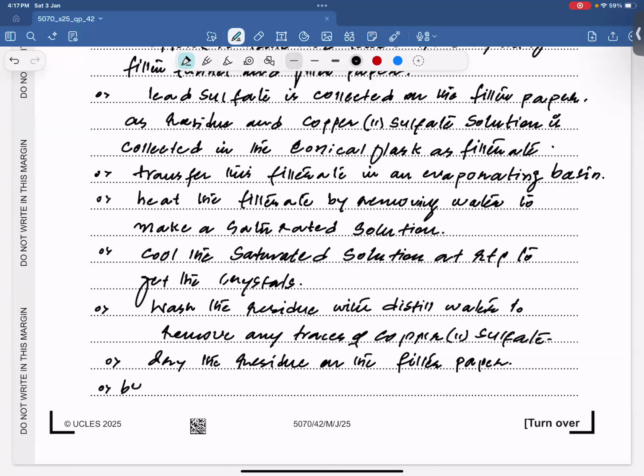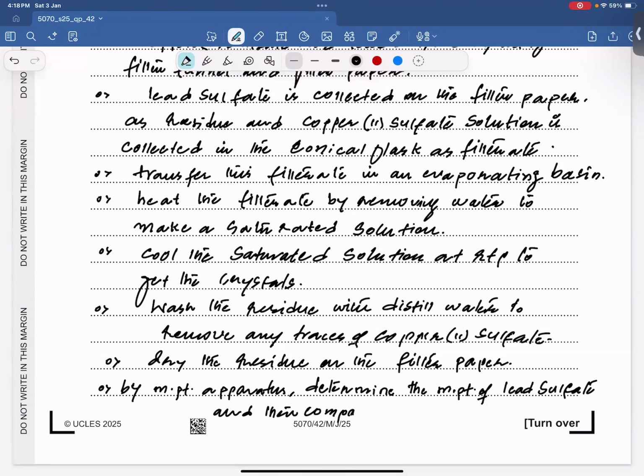By using melting point apparatus, determine the melting point of lead 2 sulfate and then compare it with the original value.